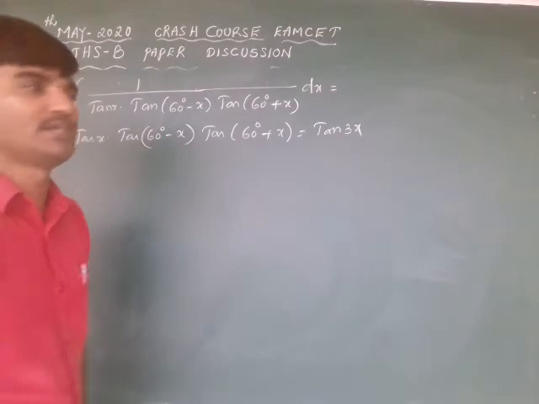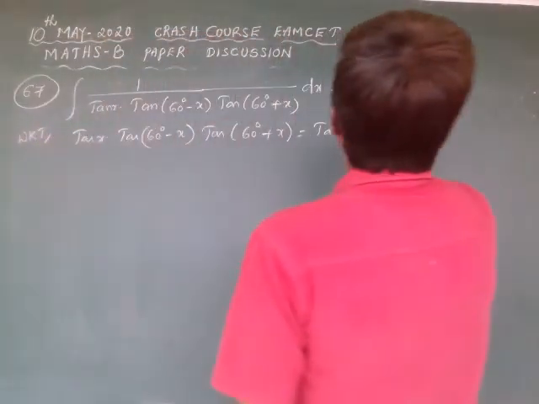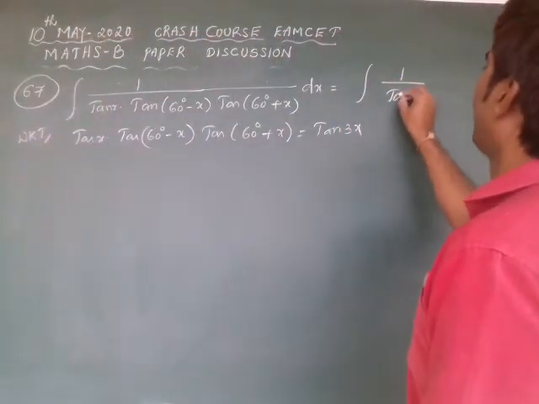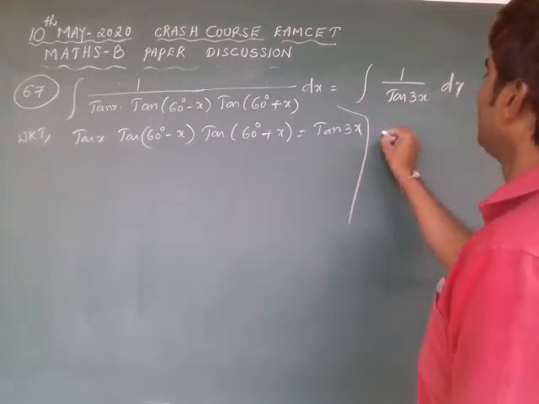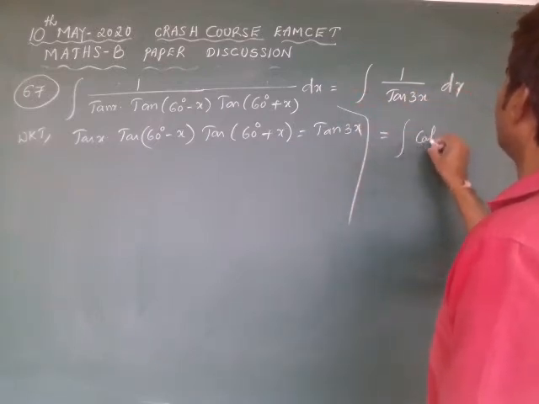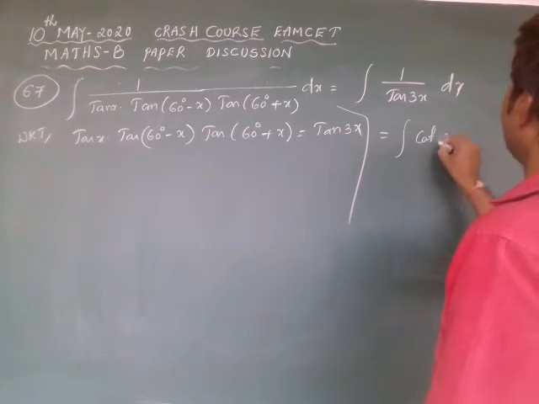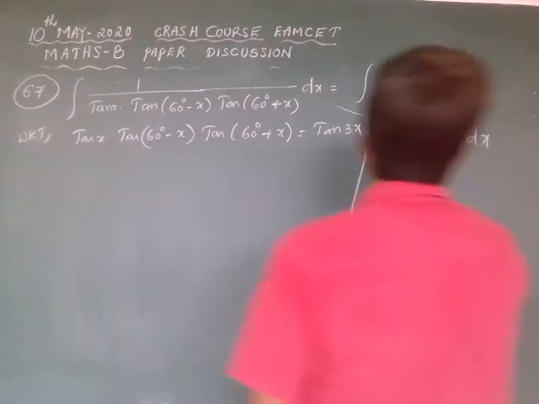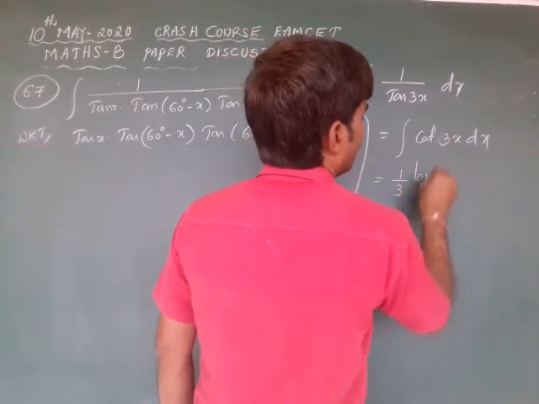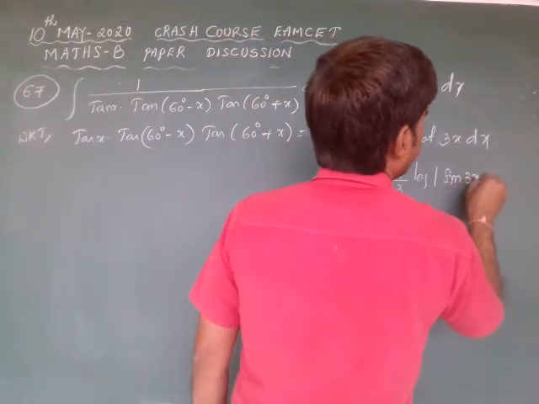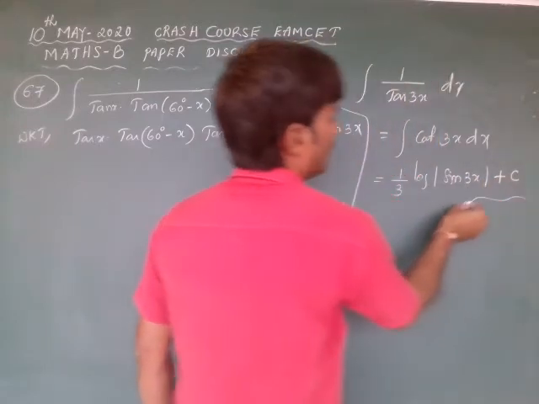So it is now written as 1 divided by tan 3x dx. We know that 1 by tan ax is equals to cot ax. Integral cot 3x dx is 1 by 3 into log mod sin 3x plus constant.